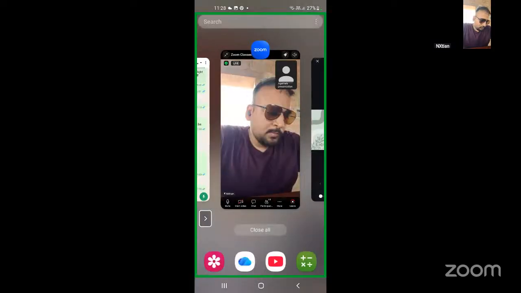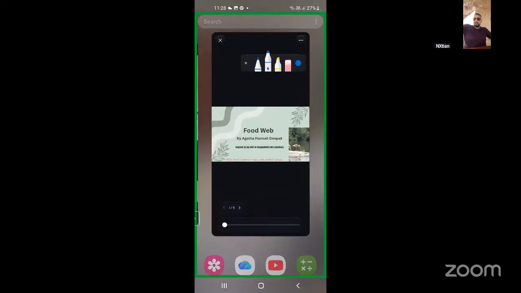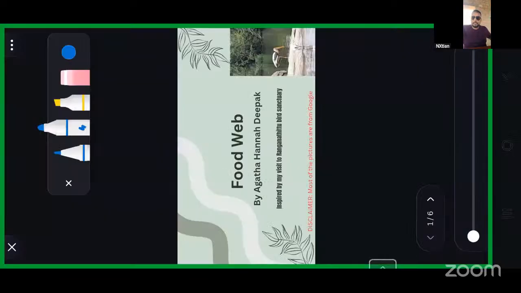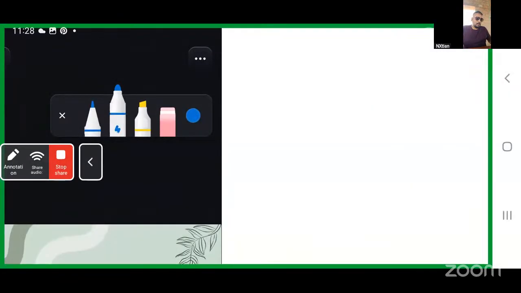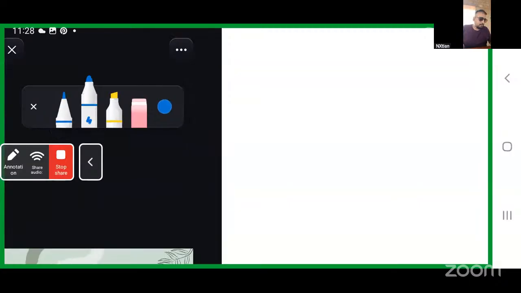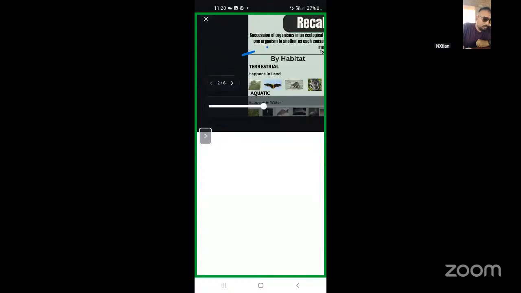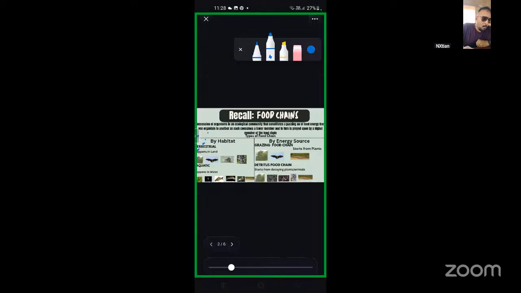You can tilt your phone into this position, then the whole screen will come. Is it not coming? Some complications.